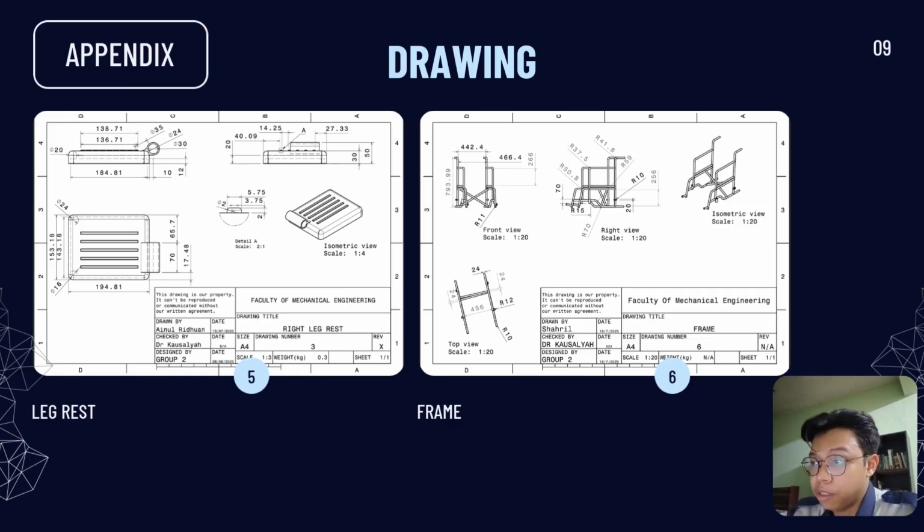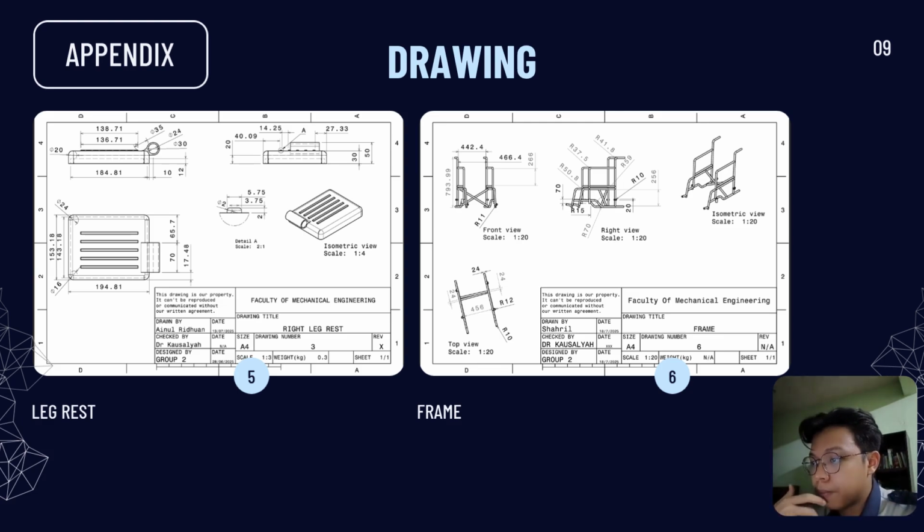So next up is the main part of the wheelchair, which is the leg rest and also the frame. We do most of our finite element analysis on this part, since most of the force will be distributed in the frame and also on the leg rest.